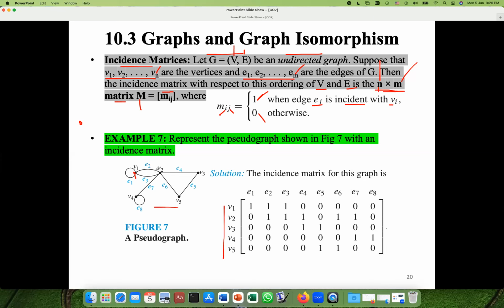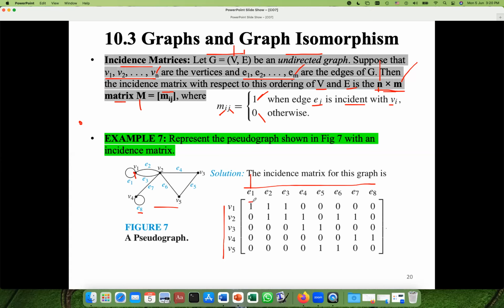And then you have to count the number of edges. How many edges in that graph? Here we have 8 edges total. So from E1 to E8, these are your columns. Now this is different from the previous one. You can see from V1, we have this edge E1.